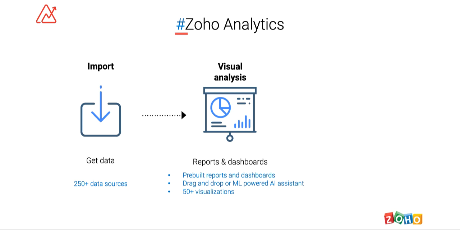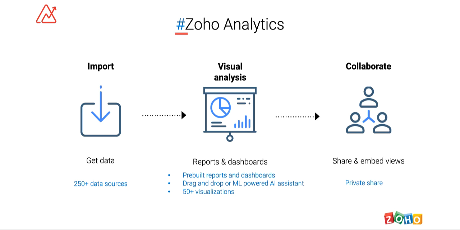On top of that, you can also build your own reports and dashboards using the simple drag and drop feature, or you can take the help of the ML-powered AI assistant, Zia. Zoho Analytics offers more than 50 visualizations to visually analyze your data. It doesn't end there. You can also share the data with your team members. You can collaborate. You can have them embedded inside your blogs or your websites.